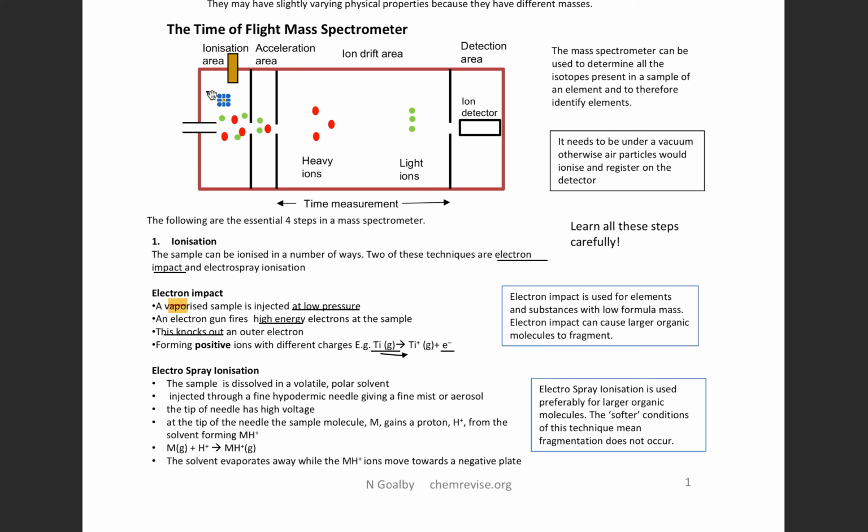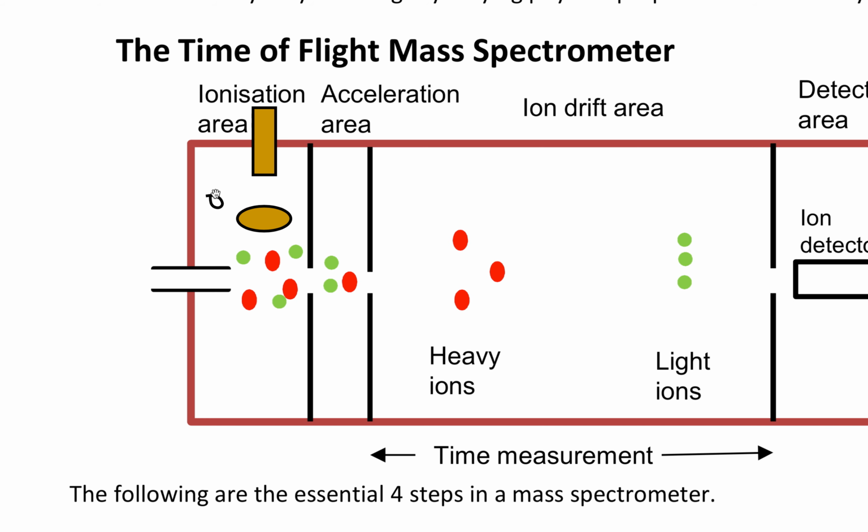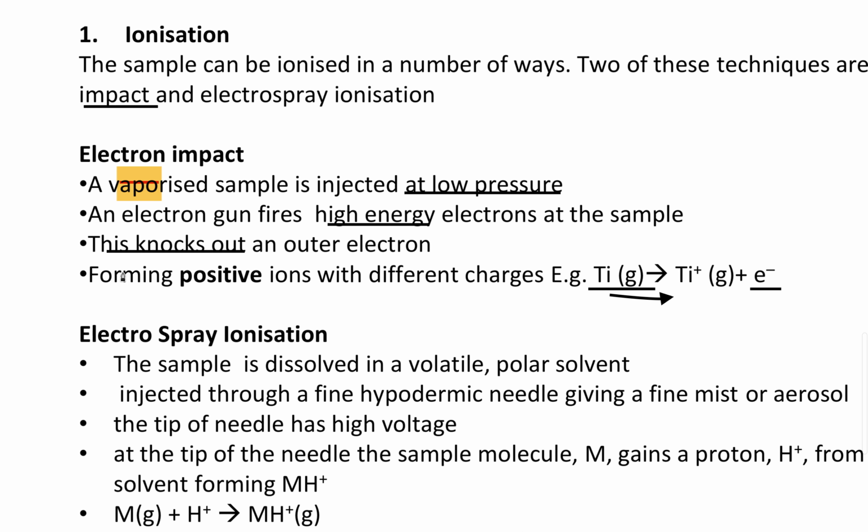So here your electron gun fires a high energy electron at your sample, causing an outer electron to be released. Doing so forms a positive ion with different charges.